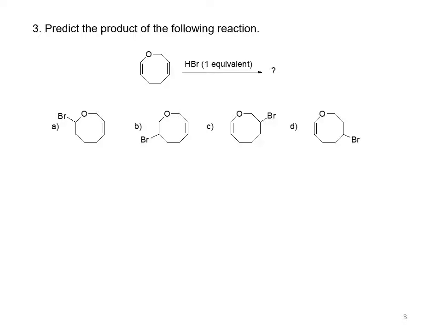Next question, predict the products of the following reaction. So here we have cyclic compound with oxygen in a ring, 8-membered ring with oxygen and two double bonds. Oxygen is next to one of the double bonds, which means that there is electron delocalization between oxygen and that double bond. So oxygen is donating electrons to the double bond through positive resonance effect. Both double bonds of the ring are affected by oxygen through inductive effect.